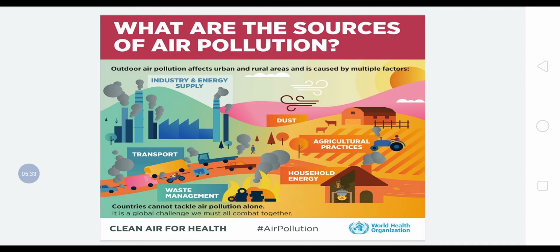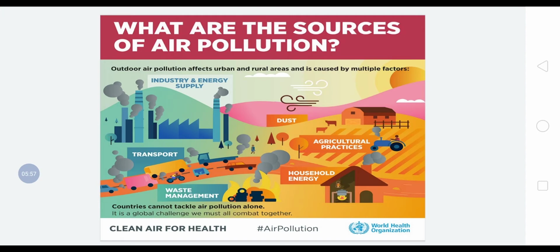The transport I already talked about, then waste management, household energy, agriculture practices, all these things are adding pollutants to the environment, which in turn is a cause of several diseases.